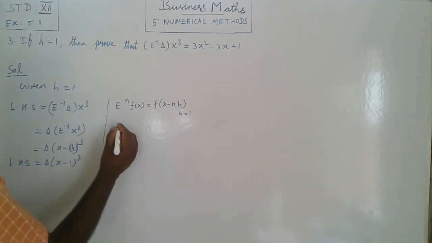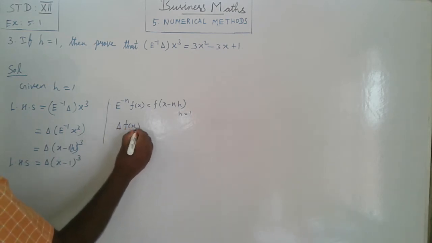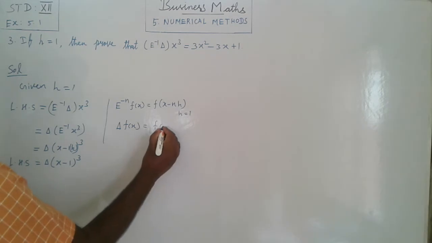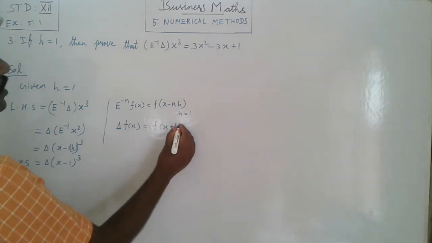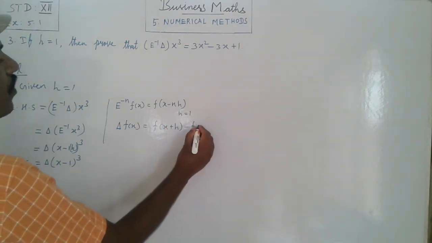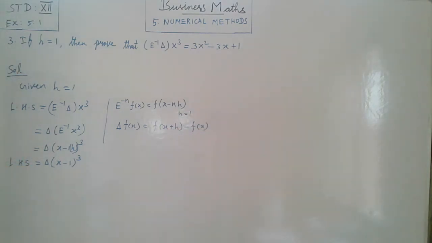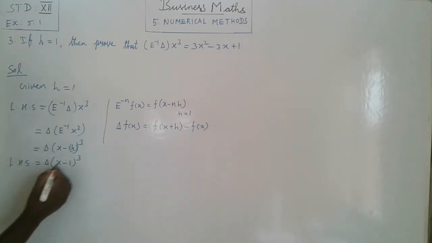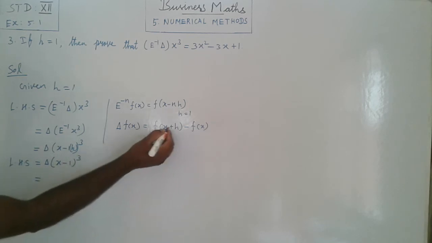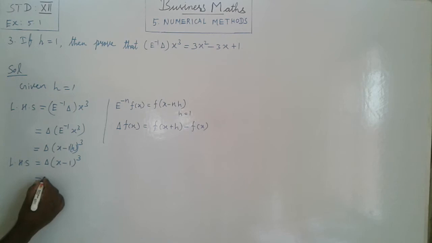So we know that another formula is delta f of x equal to f of x plus h minus f of x. We should have substituted delta f of x, which is x minus 1 whole cube. So that is equal to f of x plus h. So what is f of x plus h?